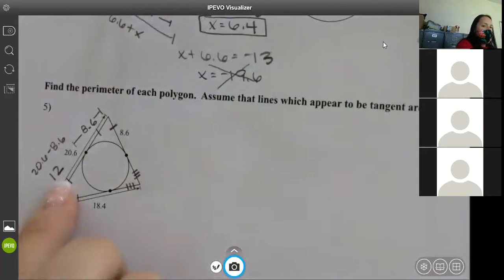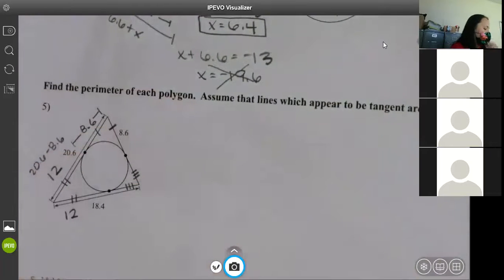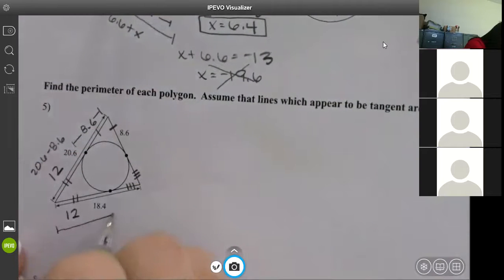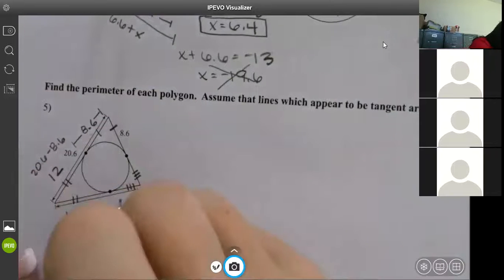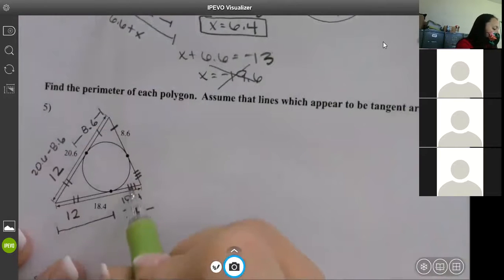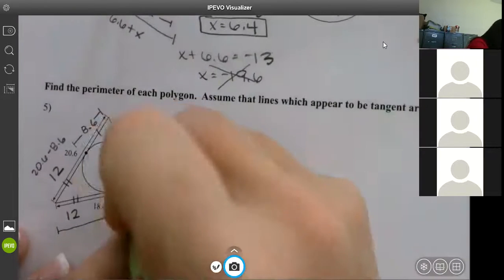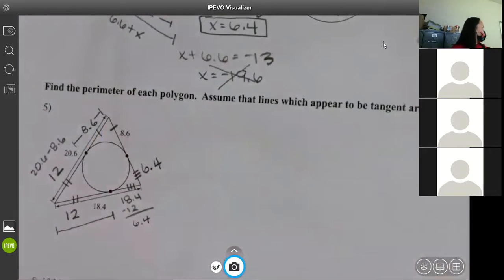If this is 12, the other side of the ice cream has to be 12. Again, that's only this length. How do I get this other part? And you get 6.4. If this side of the ice cream cone is 6.4, this other side is 6.4. So now I have the 2 measures that I didn't know.